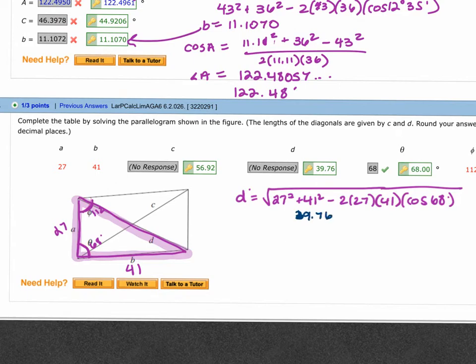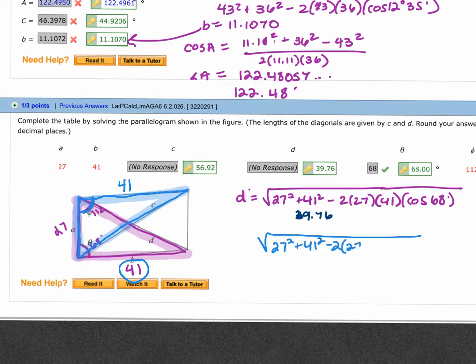Then when I go to find C, I use the top triangle. 41 is here, but because this is a parallelogram and opposite sides are the same, 41 is also there. So now I've got this triangle, side angle side again, but the angle is 112. So it is the exact same equation, 27 squared plus 41 squared minus 2 times 27 times 41, except the angle between them is now 112.